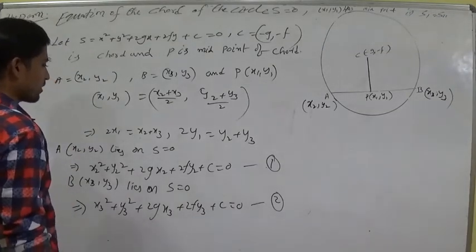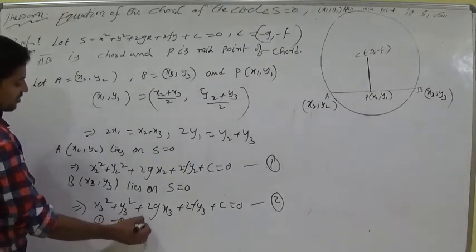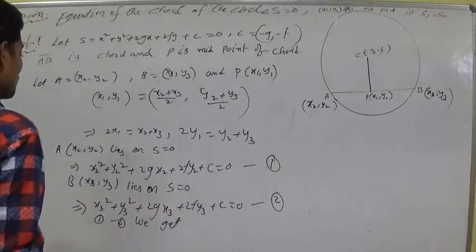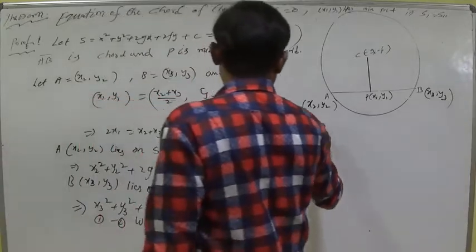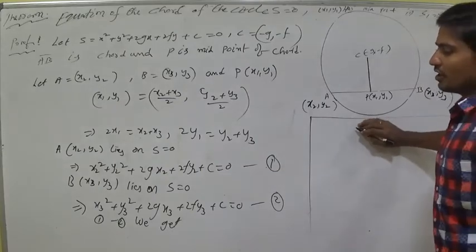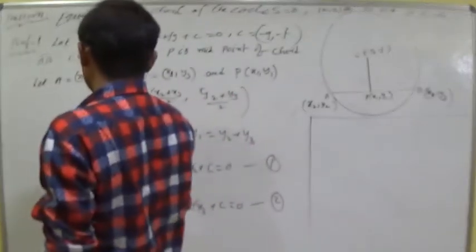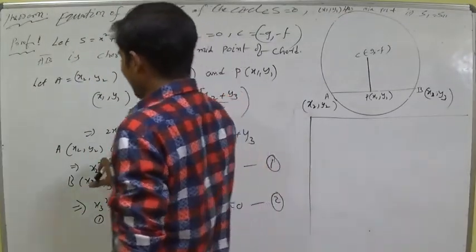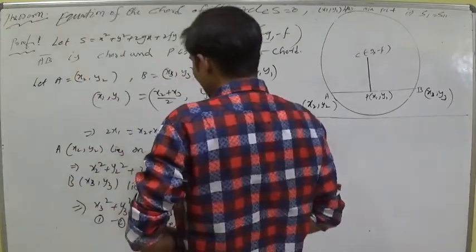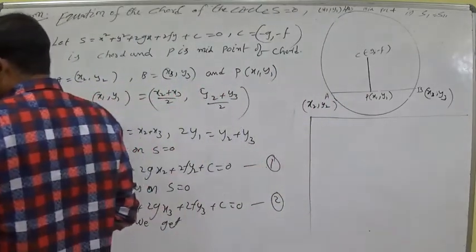Now 1 minus 2, I am doing here. So c is going to be cancelled. So we get x2 square minus x3 square, y2 square minus y3 square, and 2gx2 minus 2gx3, and 2fy2 minus 2fy3.